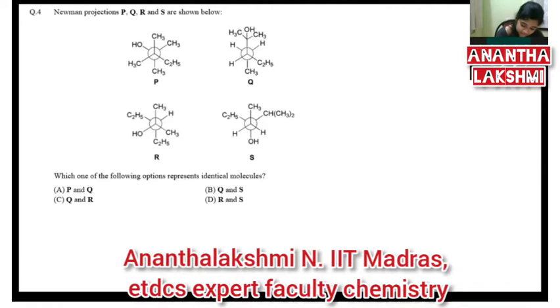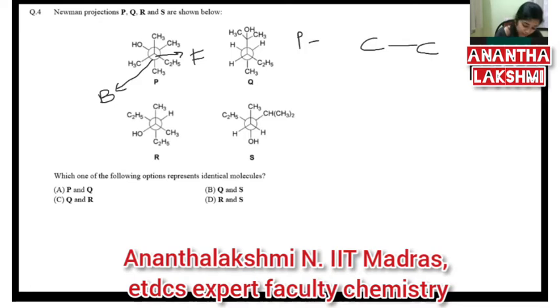First let's break down P. As we can see, this is the front carbon and the whole circle is the back carbon. The first one I'll explain in a little more detail; the rest is done the same way. First we write the front carbon and back carbon like this.